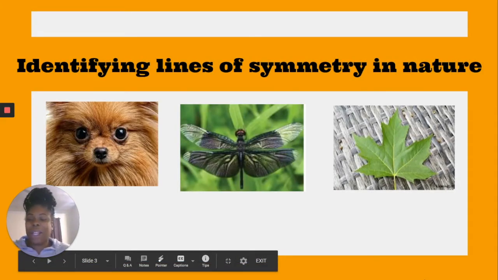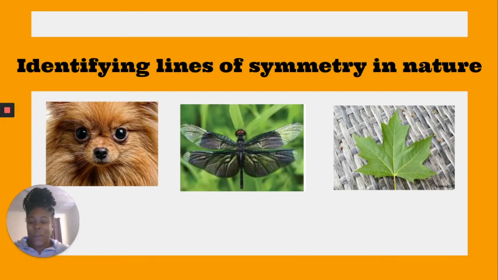Take a look at the pictures on the screen. We have a puppy, a dragonfly, and a leaf. Do you think you can identify the lines of symmetry in the puppy? Pause this for a moment and see how many lines of symmetry you can actually see. All right, let's take a look.